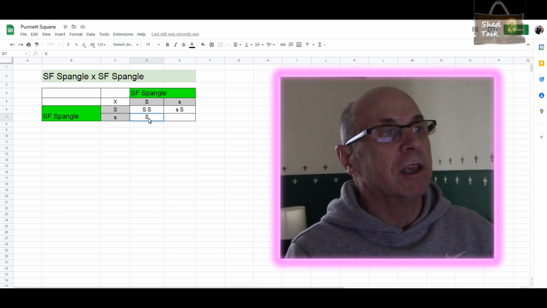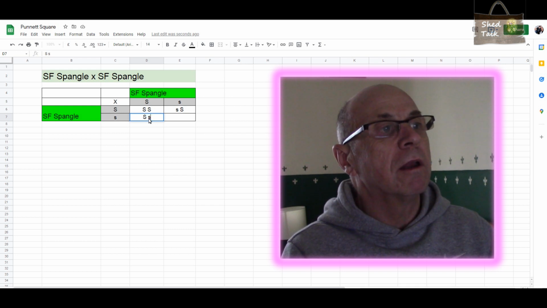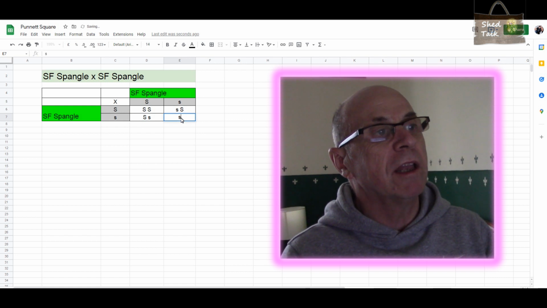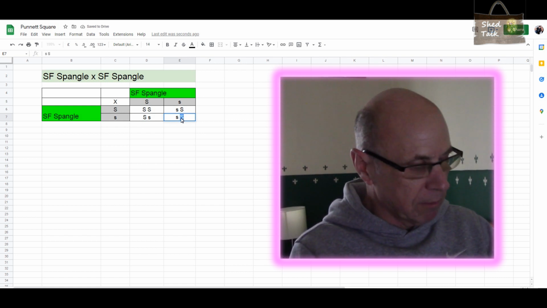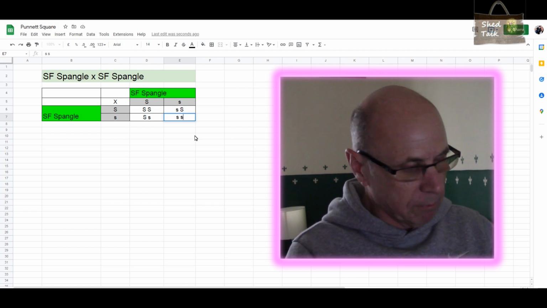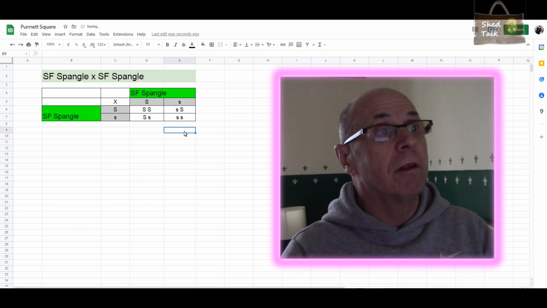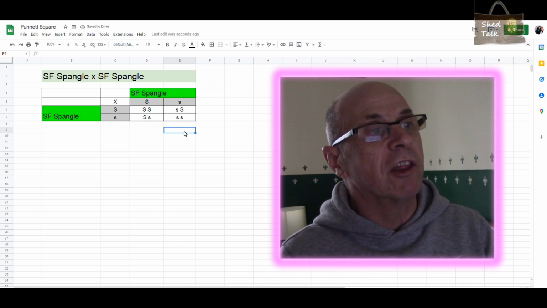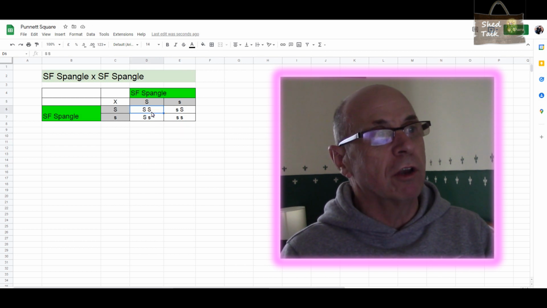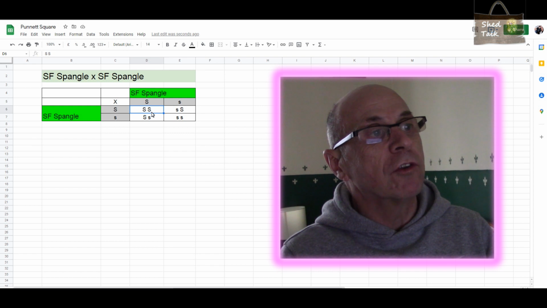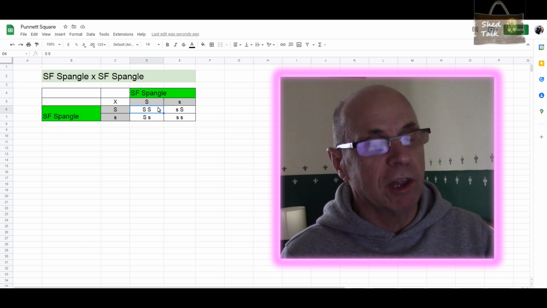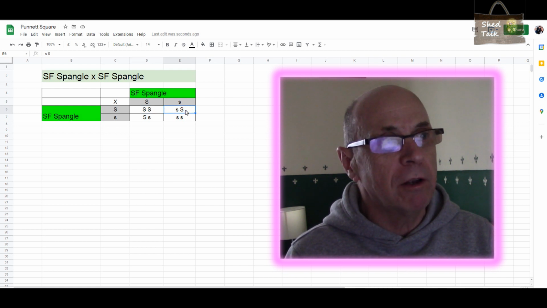So the uppercase mutated allele and the lowercase allele, and then here we've got the lowercase non-mutated allele and the lowercase non-mutated allele there. So in this case we've got all three of the possible genotypes. So up here we've got two alleles for the mutated Spangle. So we said there's two, so that's double, so that's a double factor Spangle.